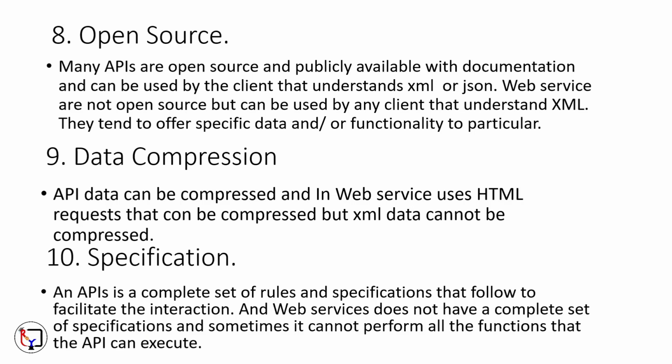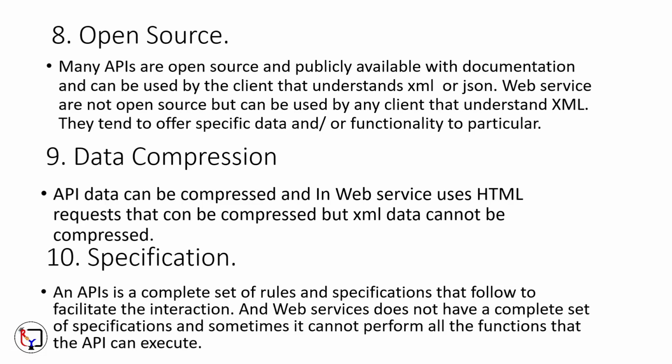They tend to offer specific data and or functionality to particular clients. In today's world, most websites create an API. Facebook created an API, GraphQL, and Google also created APIs to provide services, like Google Maps. Many applications like Rapido, Ola, Uber and iDrive use the Google API to provide location to their clients.